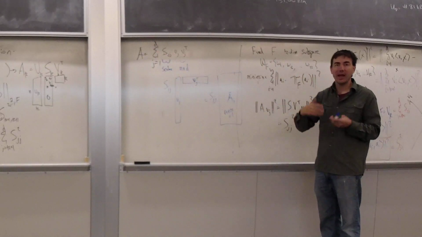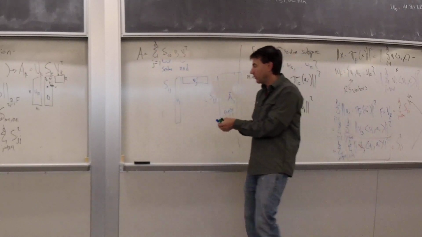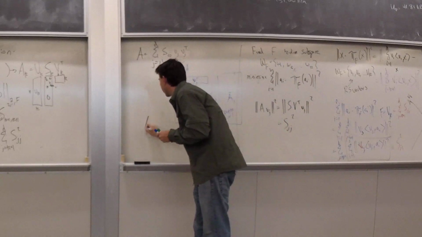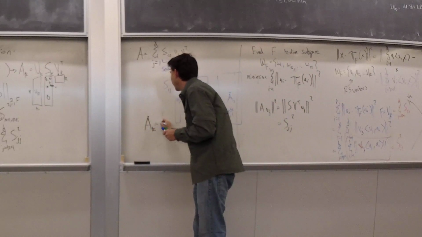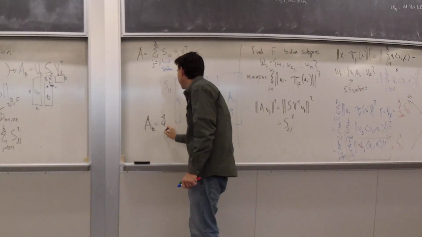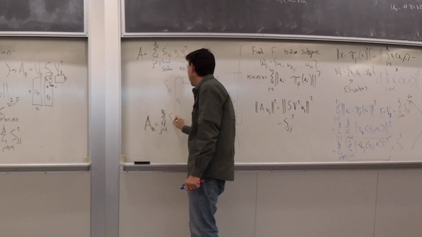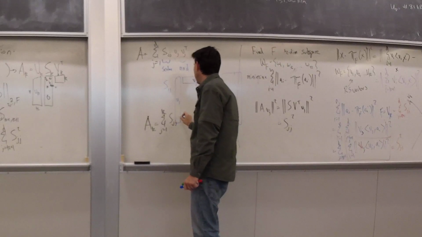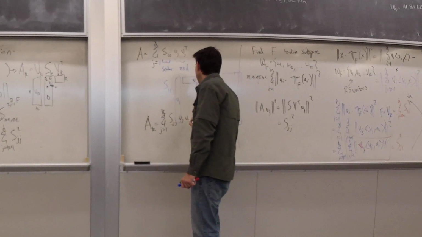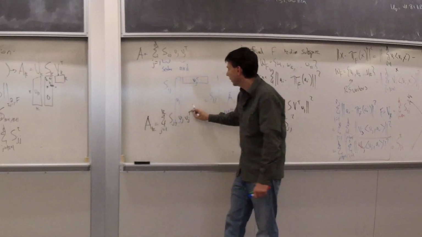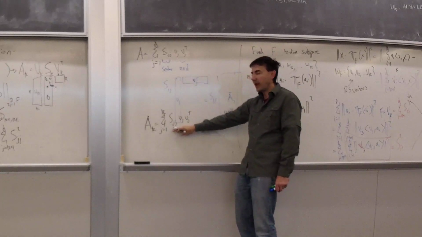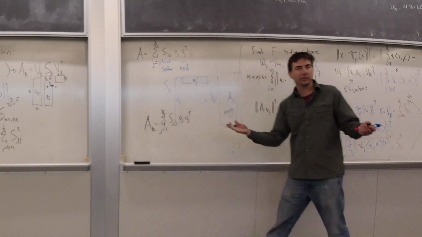So I can write A_k as the sum of j equals 1 up to k of s_jj u_j v_j transpose. Because it's a sum of k rank 1 components, its rank is k.